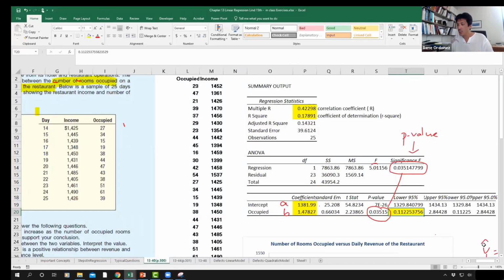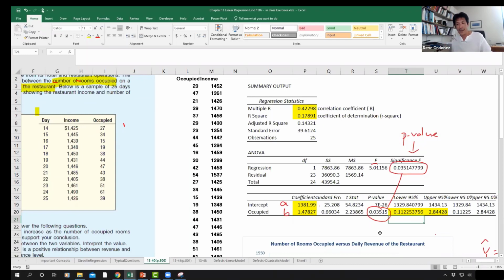It says lower 95%. And then this would be the upper interval estimate of the true slope. Okay? So let me just write that down so I don't forget. 0.112 and 2.84.